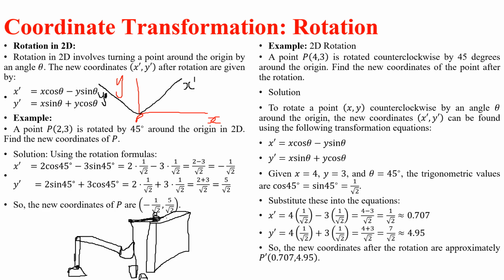Now, away from there, as a general rule, of course, this can be proven, but we don't really need to go into that. So, as a general rule, the new x coordinate formed as a result of the rotation in a two-dimensional plane would equal x cos theta minus y sine theta.